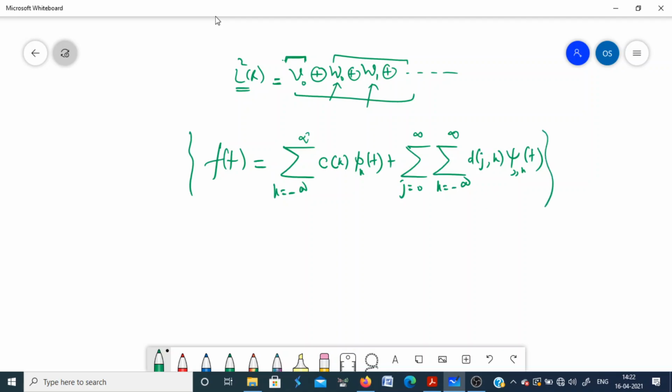This is a new equation for the discrete wavelet transform. So you have a scaling function and the rest are all wavelets.